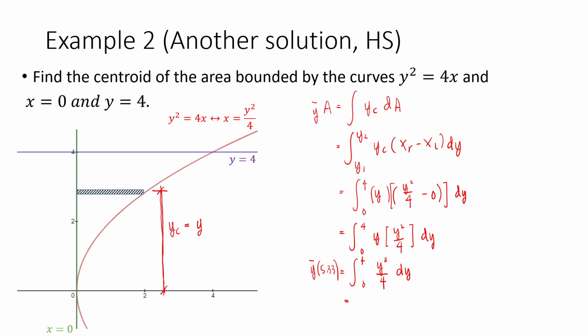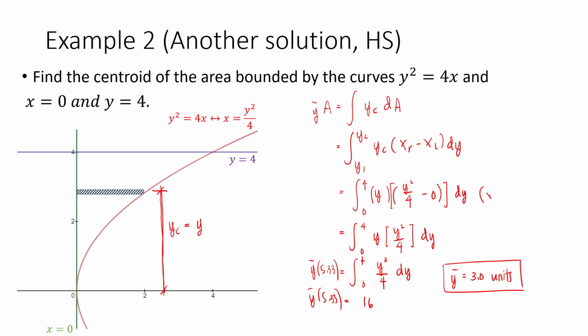Again, the calculator doesn't involve a y component, so only x. Don't forget to place it as x cubed over 4, from 0 to 4. So this is 16. Then bar y times 5.33. So the answer is 3.0 units.